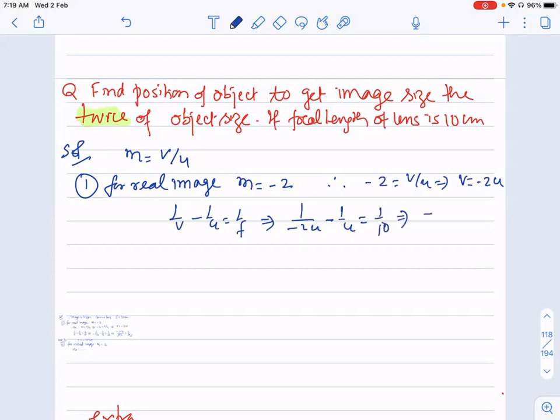So minus, to u LCM लिया, माइनस को ऊपर शिफ्ट करके, 2u LCM लिया, या -1, -2 is equal to 1 by 10. So u is equal to -15.